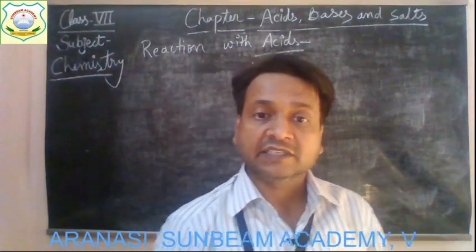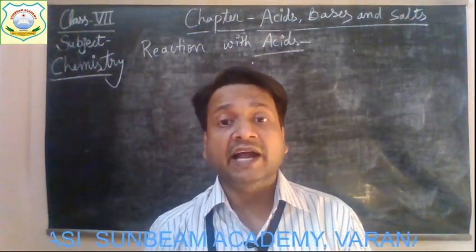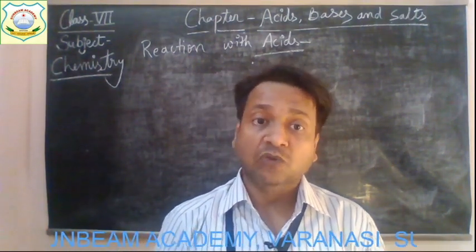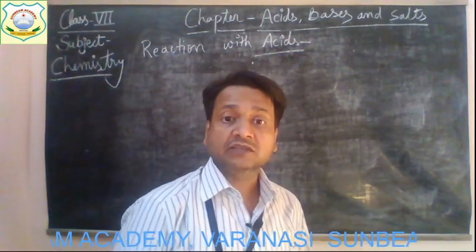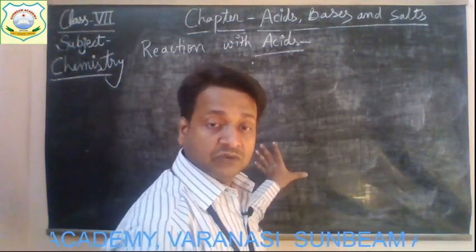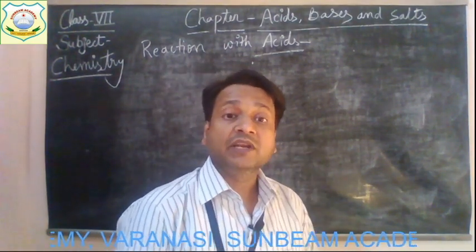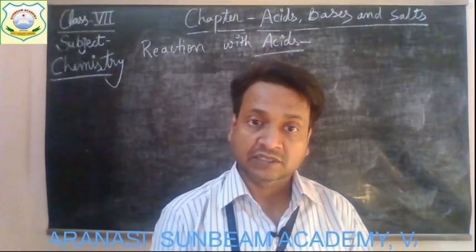Reaction with acids. Okay, children, as you have already studied, bases neutralize acids to form salt and water. Some of the reactions I'm going to explain here. The first one is when ammonium hydroxide reacts with hydrochloric acid.